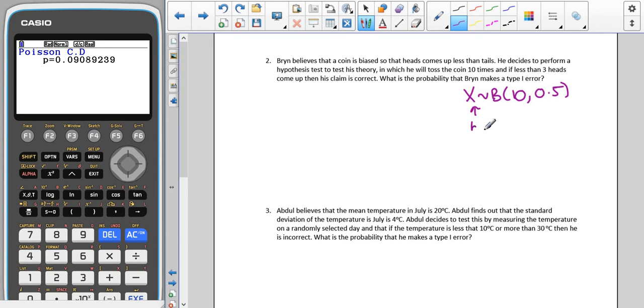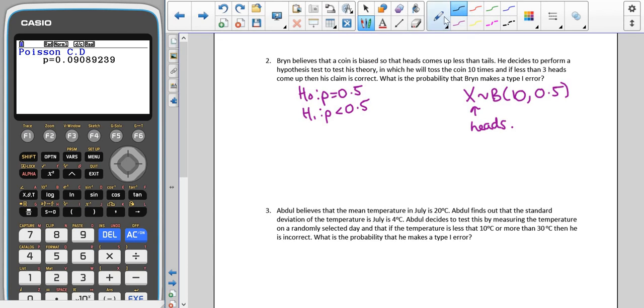And this is talking about heads. So because he believes that heads comes up less than it should, our H naught is going to be that P is 0.5, and our H1, if we were running a hypothesis test on this, would be that P is less than 0.5. So he decides that if less than 3 heads come up, his claim is correct.